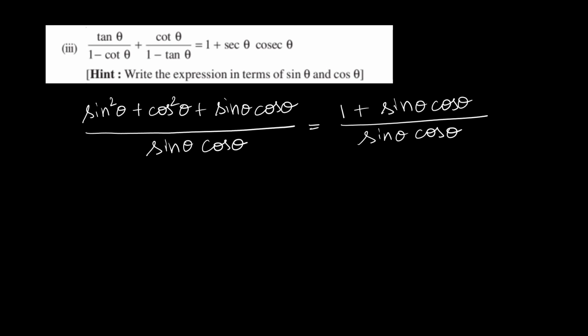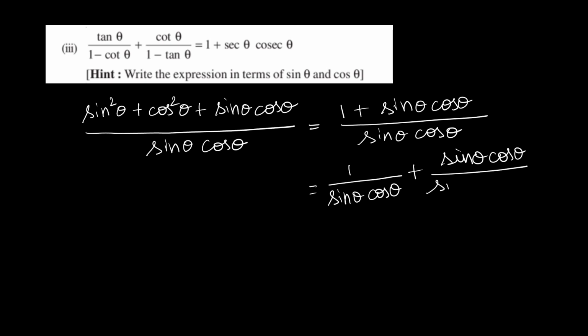This is how we have to write, you know? You have to write 1 by sin theta cos theta plus sin theta cos theta by sin theta cos theta. This we are splitting, right?